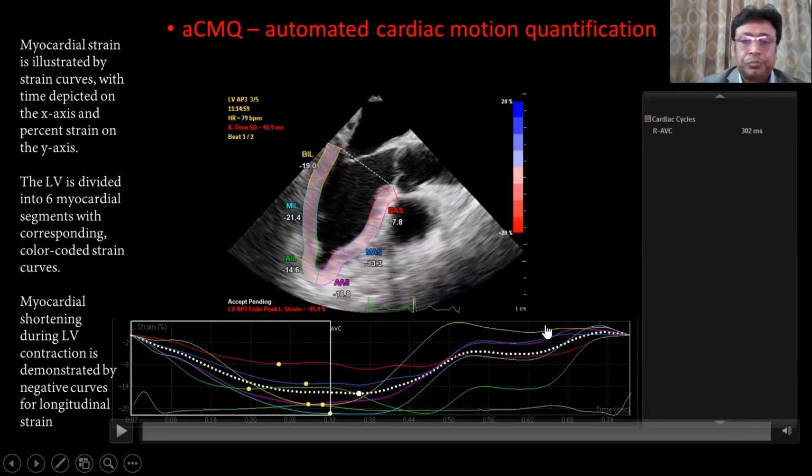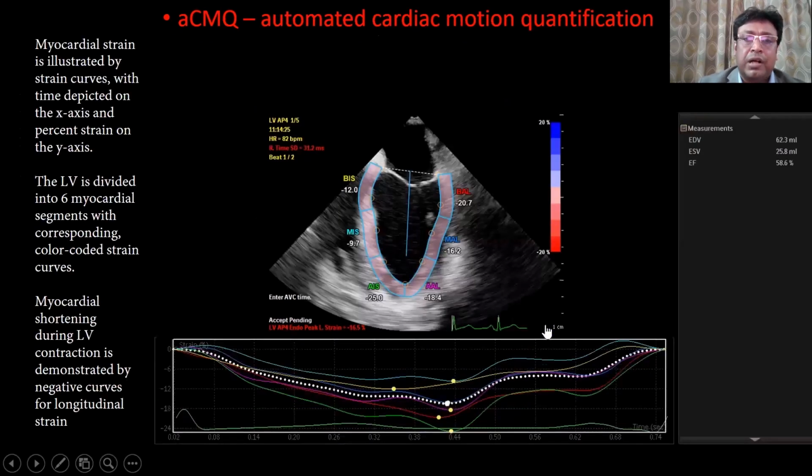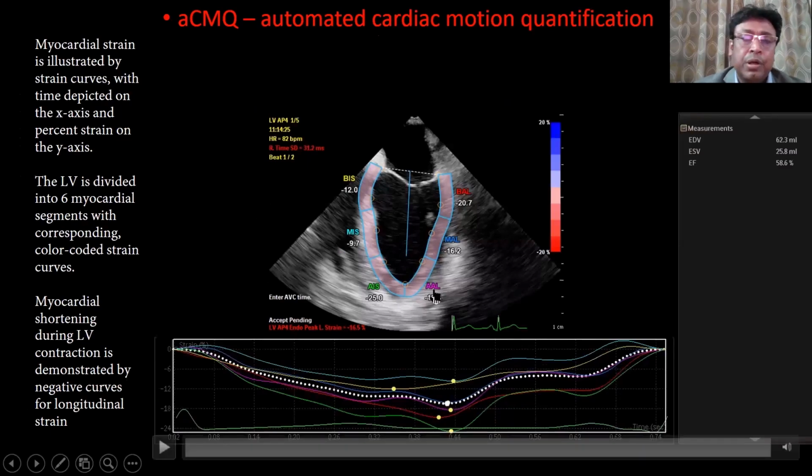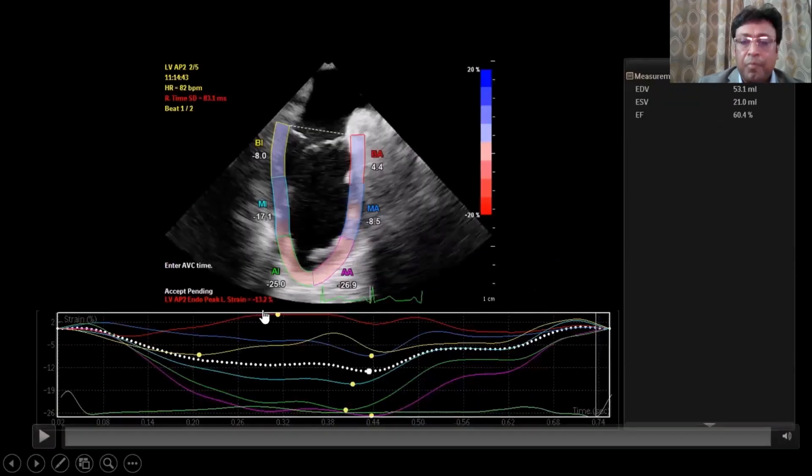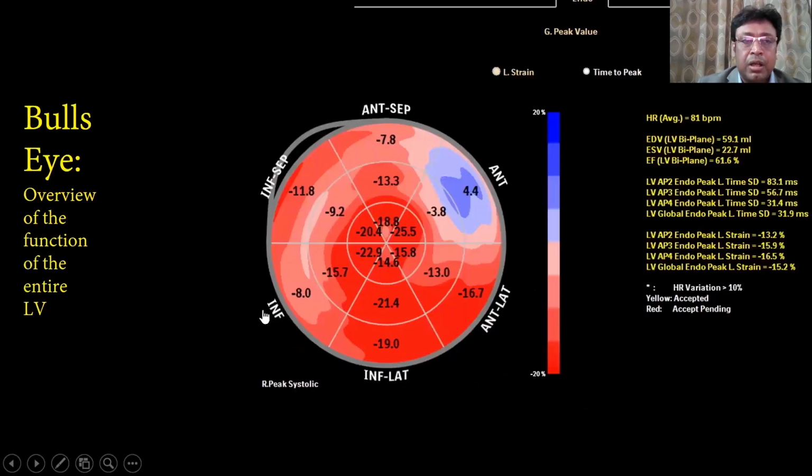Similarly, you can have strain values from the 4-chamber as well as the 2-chamber views. And when you combine all this different information, you can achieve a bullseye, which is the overview of the function of the entire LV.